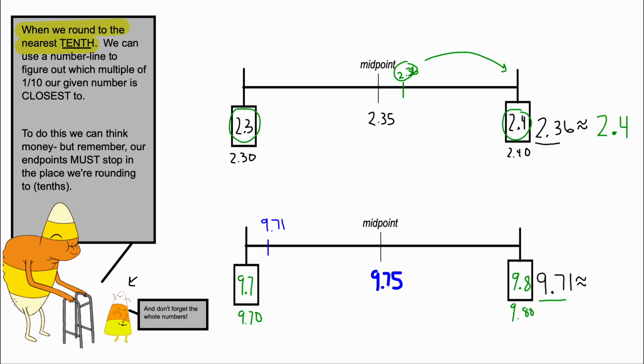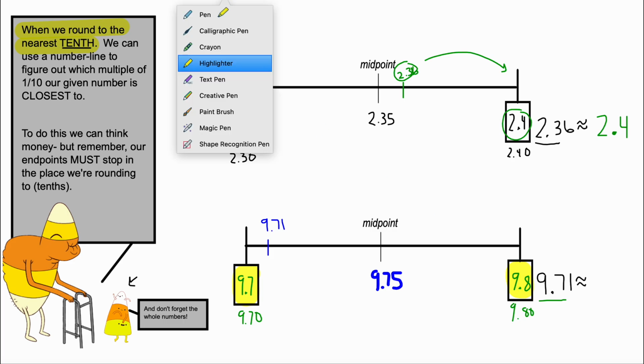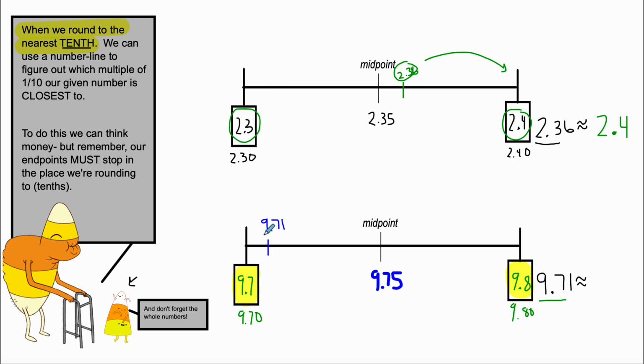The multiples of 1/10, the amounts that we're allowed to round to, are either 9 and 7/10 or 9 and 8/10. And we can see we are closer to 9 and 7/10. Therefore, 9 and 71/100 to the nearest tenth rounds to 9 and 7/10.